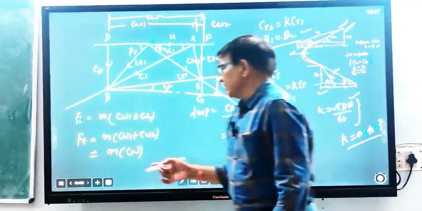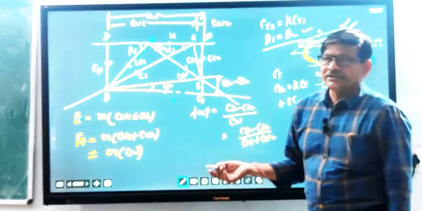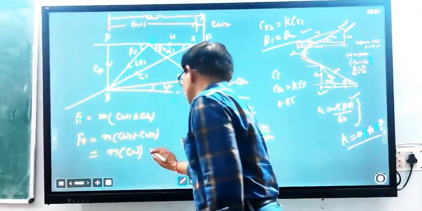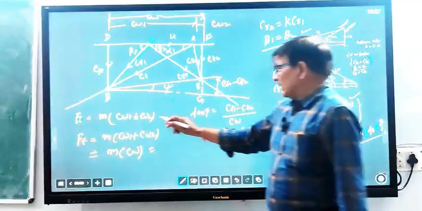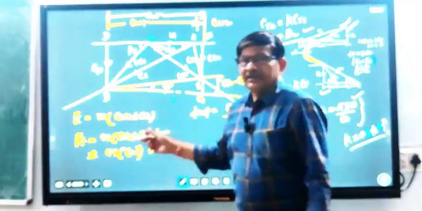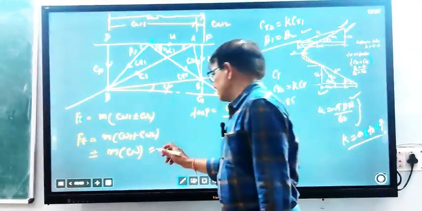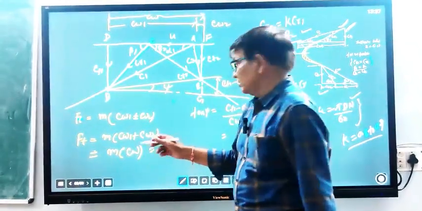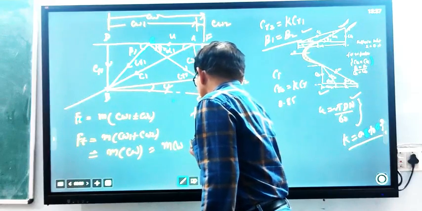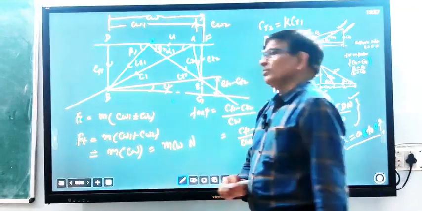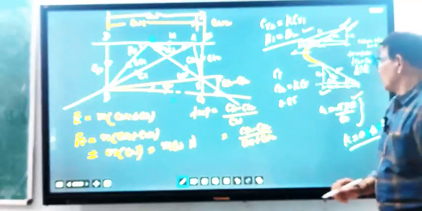If mass is in kg and CW is in meter per second, then since this is per second, the rate of change of velocity into mass becomes the rate of change of momentum. So the tangential force is equal to M CW newton.